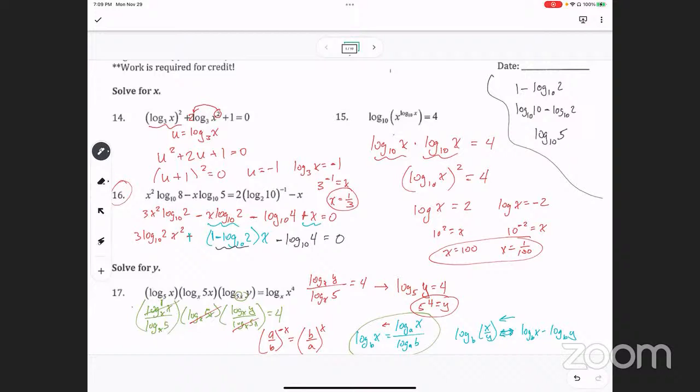Didn't I have a log base 10 of 5 before? Hold on, that's my log base 10 of 5. Did I just go in a big circle?